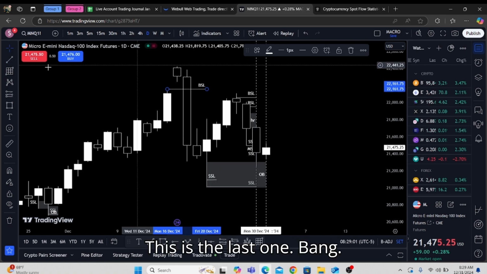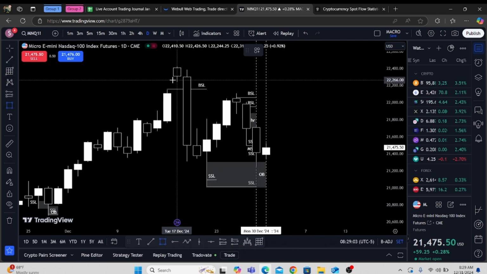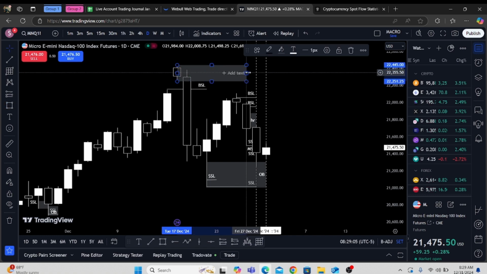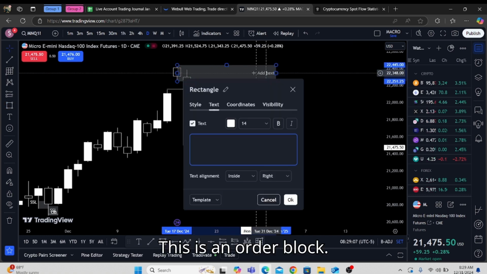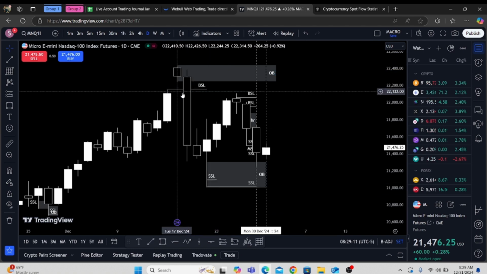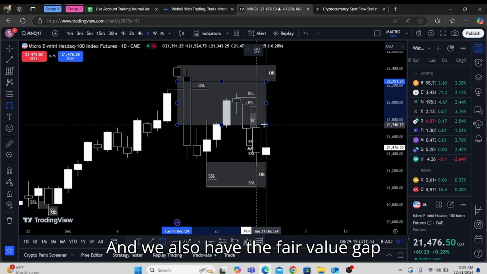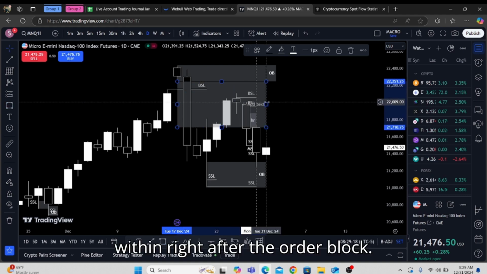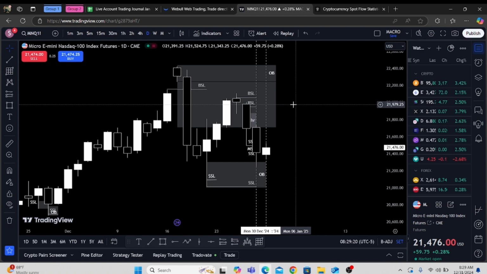This is the last one. Bang, boom. This is an order block. And we also have the fair value gap within, right after the order block.